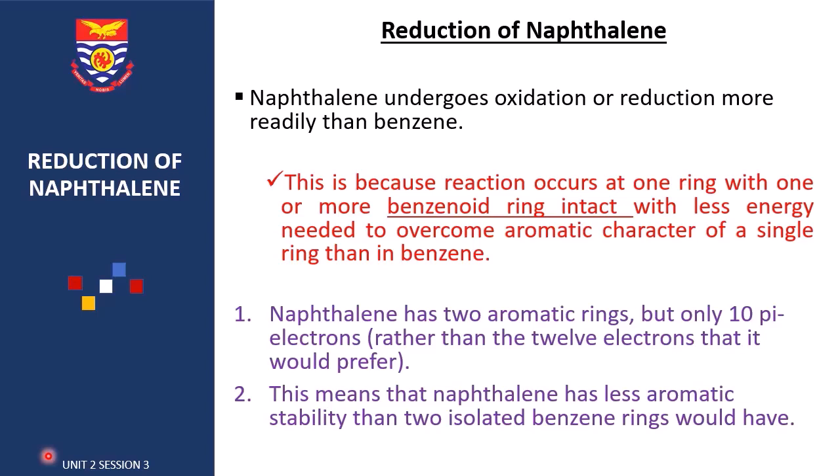So as opposed to the preferred 12 pi electrons, it has 10 pi electrons. That decreases its stability and therefore makes it more reactive towards oxidation or reduction reagents. This means that naphthalene has less aromatic stability than 2 isolated benzene rings would have.